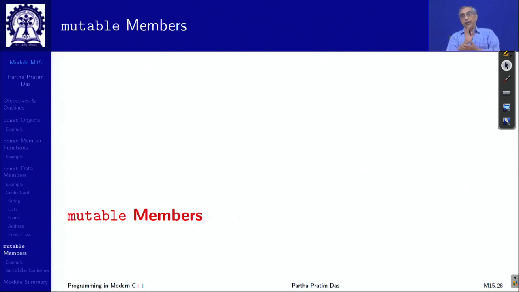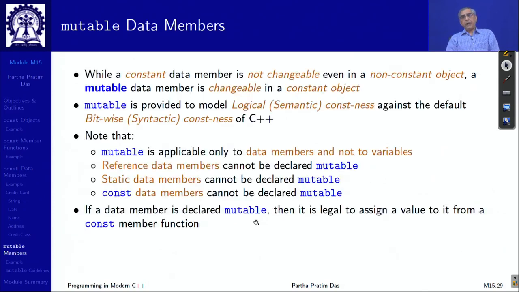Before we conclude, I would like to just remind you of another feature. What you have seen is constantness all over. The whole object can be constant, and to deal with it, I may have constant or non-constant member functions. Data members can be constant, but what does this constantness mean?